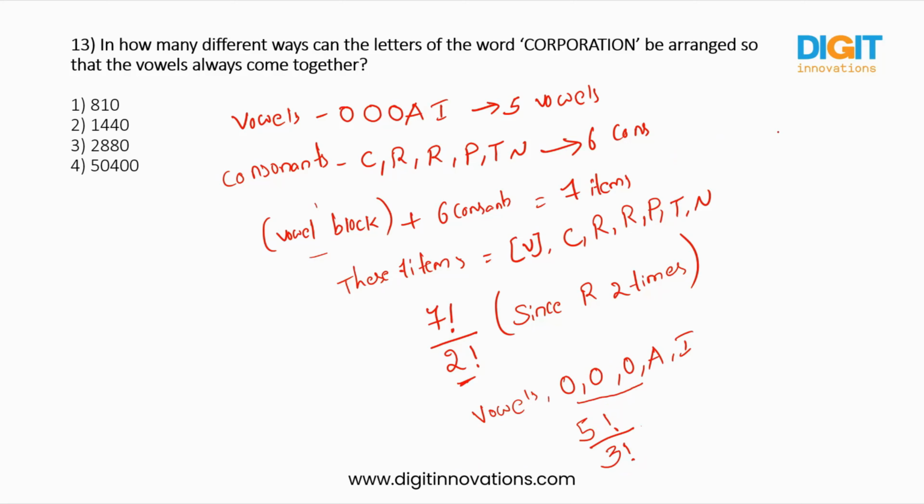So as they told, vowels always should be together. I have written this second step. 7 factorial by 2 factorial into 5 factorial by 3 factorial. So here when you do the calculation, you'll get 5040 by 2 into 120 by 6.